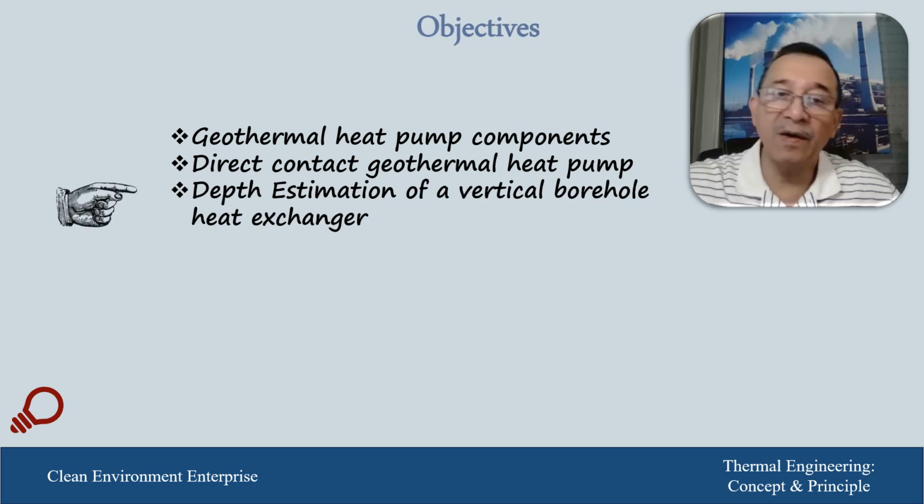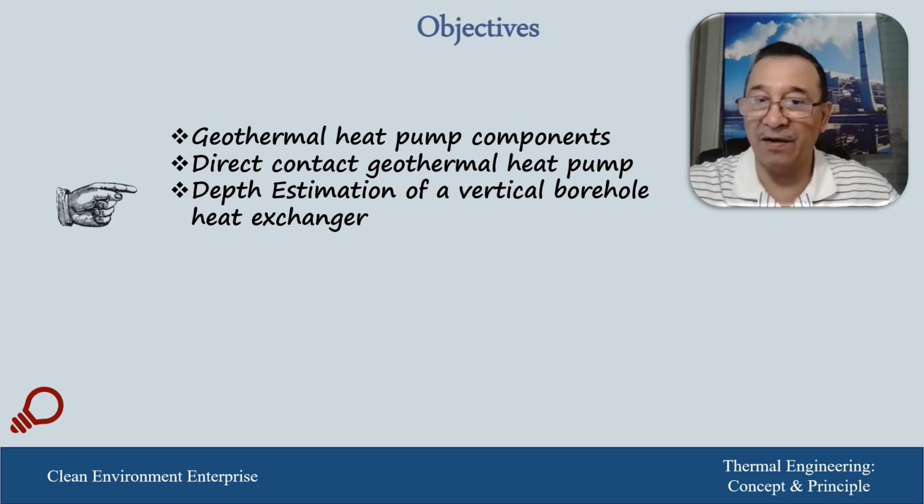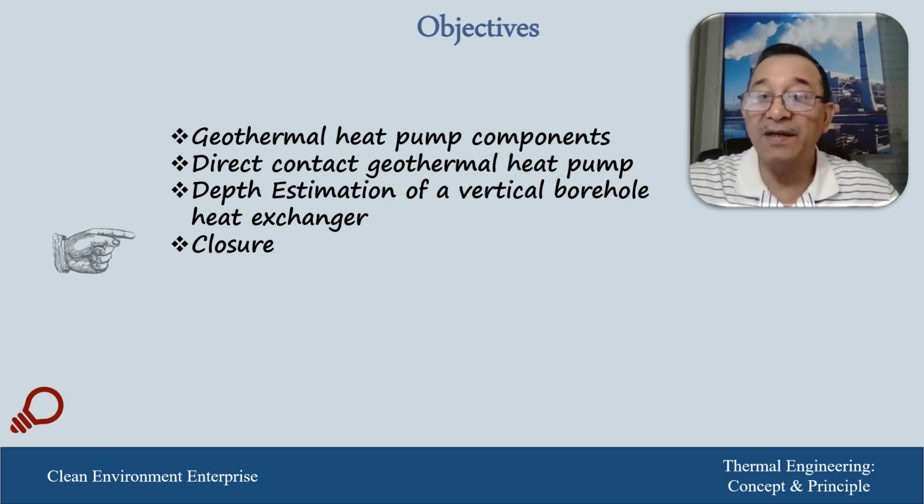Then we will go through the estimation of the depth for this heat exchanger, which is in effect calculating the surface area of the heat exchanger to achieve a certain heat or cool load. And finally, we will approach, as usual, the closure for the present episode.